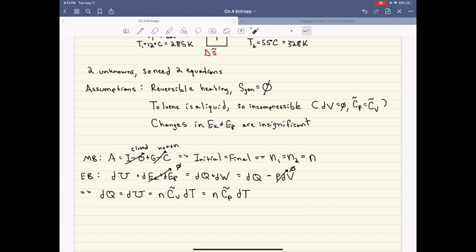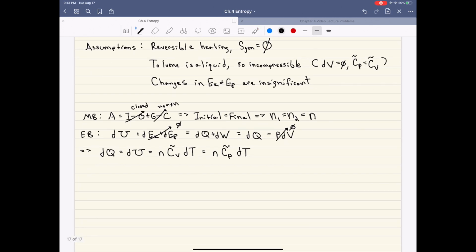And so this is important, because now that we have this relationship, we could go to our entropy balance now. From our entropy balance, we could write out that dS is equal to dQ divided by temperature for the reversible case, which is going to be equal to the dQ over T of our system plus Sgen. Now for this problem, it's going to be simple because we are specifically looking at reversible heating.